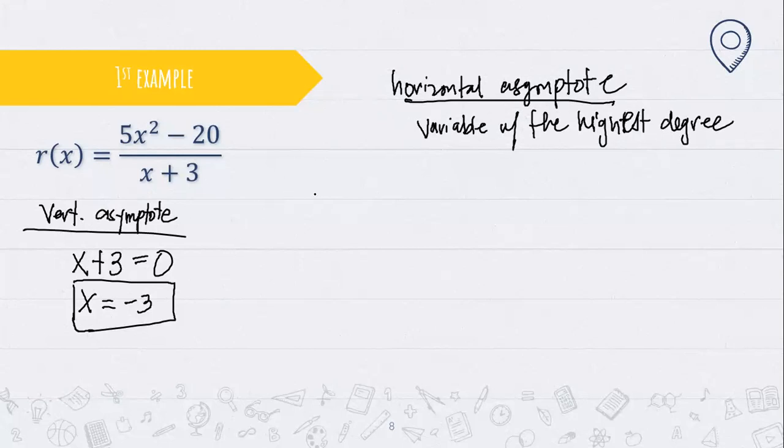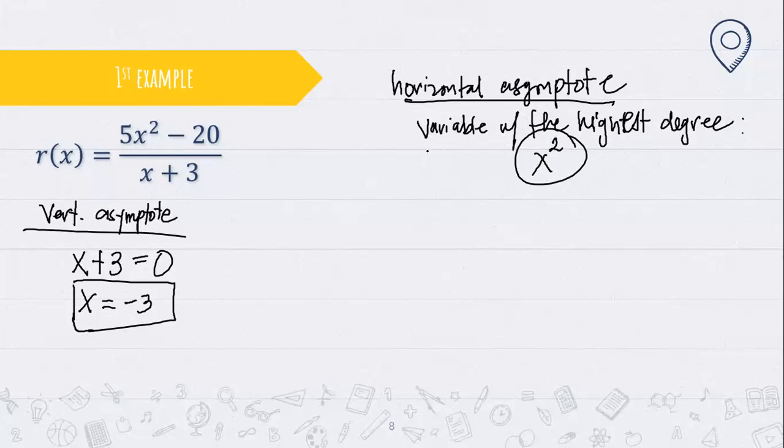Dahil sabi dito, variable with the highest degree, ibig sabihin kukunin natin yung variable with the highest exponent. So, ano yung variable with the highest degree? That would be x squared. Importante kasi yan. Kunin yung x squared. Okay?